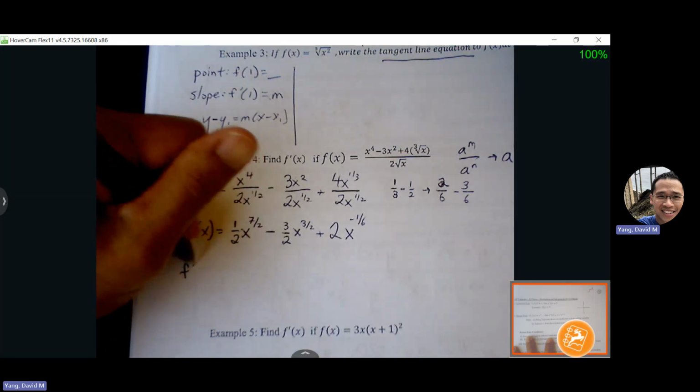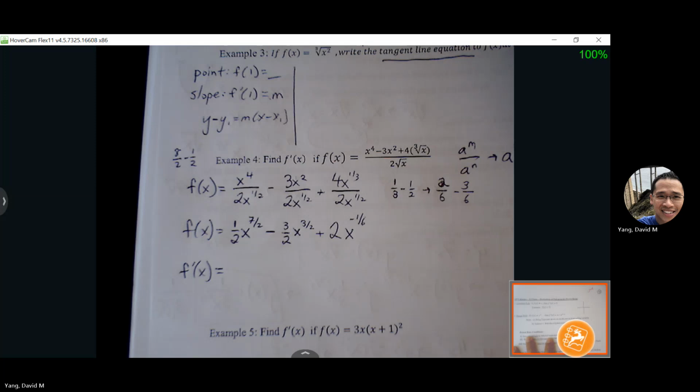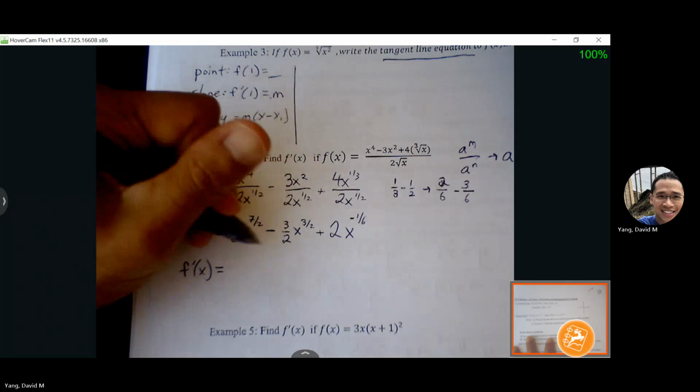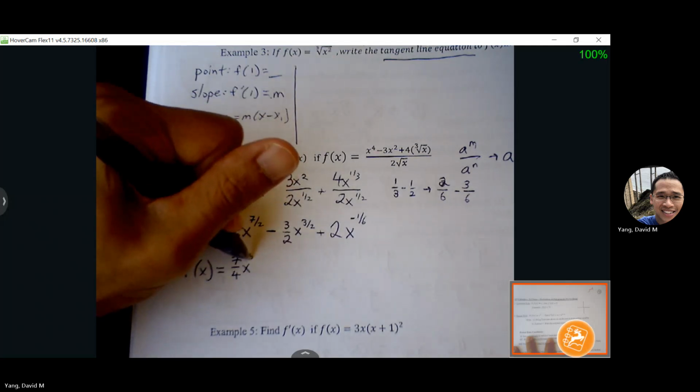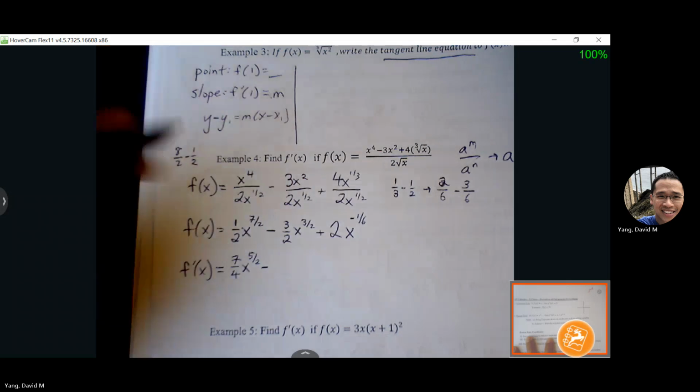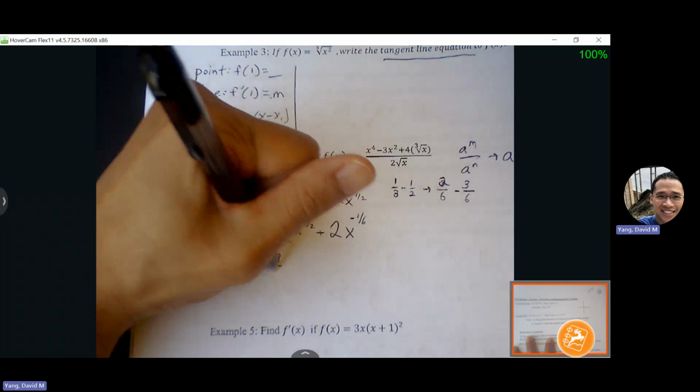Okay, so now f prime. Bring the exponent down, multiply with the coefficient, and then subtract 1 from the exponent. Bring the 3/2 down, subtract 1 from the exponent.